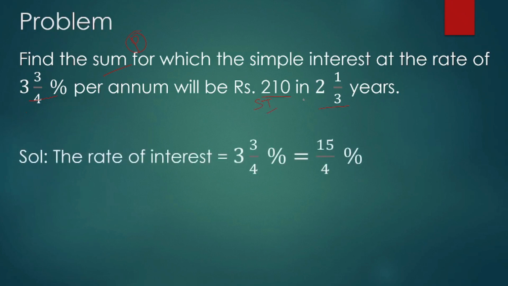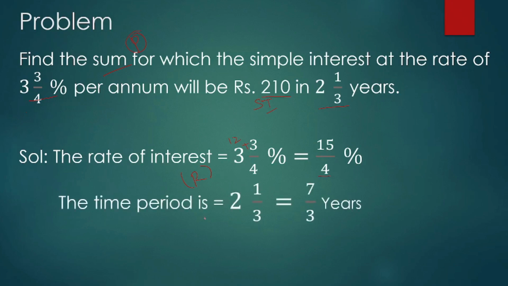So the rate of interest R is 3 3 by 4; this mixed fraction can be made improper: 4 threes are 12 plus 3, 15 by 4%. And the time period T here is 2 1 by 3: 3 twos are 6 plus 1, 7 by 3 years.